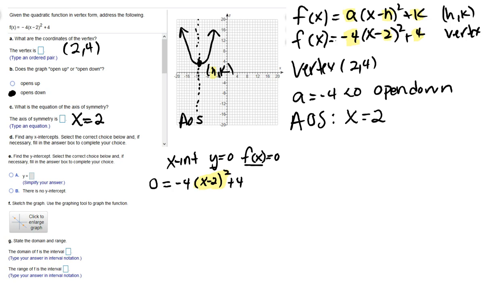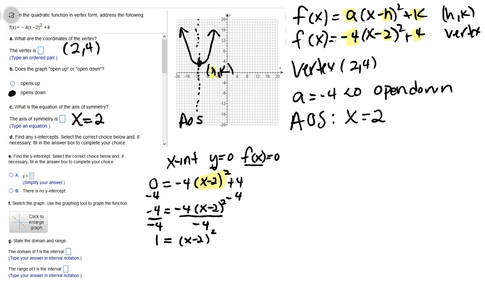So I want that x minus 2 squared to be the only thing on one side of the equation. So I'm going to subtract 4 on both sides. That gives me negative 4 equals negative 4 times x minus 2 squared. I'm going to get rid of that negative 4 by dividing by negative 4 on both sides. That gives me 1 equals x minus 2 squared.